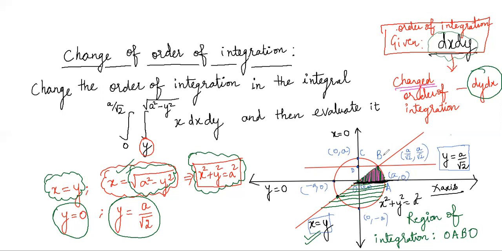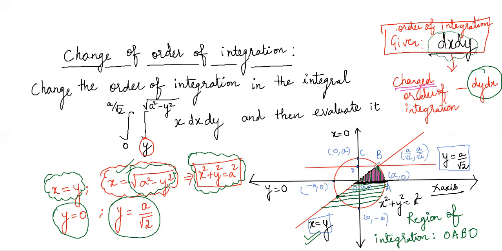Now let us check, are all the strips parallel to y-axis in this region ending at the same curve? Let us check. It is ending here, then here, then here. You can see that these points are lying on this straight line whose equation is x equal to y.